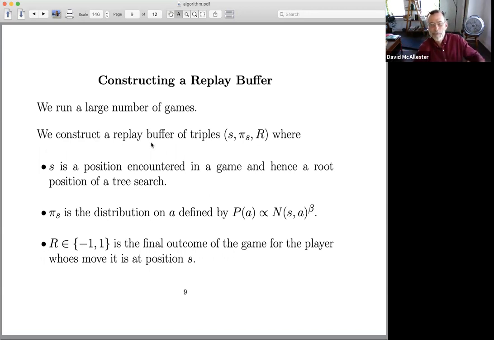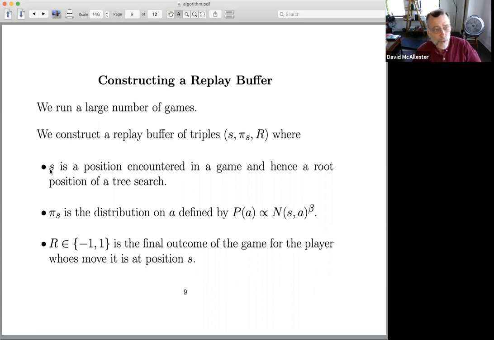You remember replay buffers were important in the more classical reinforcement learning algorithms, actor-critic algorithms, Q-learning. The replay buffer is going to consist of triples: a state, a policy at that state, a probability distribution over actions at that state, and a reward. The reward is just going to be the final outcome of the game, which is -1 or 1. So this is a 2-valued reward.